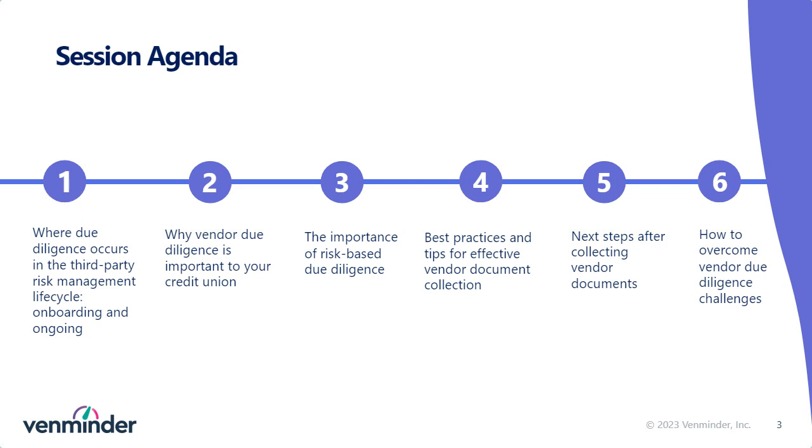You'll also learn about risk-based due diligence, which is a helpful strategy that will save you a lot of time and effort as you collect those vendor documents. I'll briefly go over some of those first steps you'll need to take once you start collecting vendor information, and I'll wrap up our session with a few tips on how to overcome due diligence challenges, like working with a vendor that isn't willing to provide certain documents.